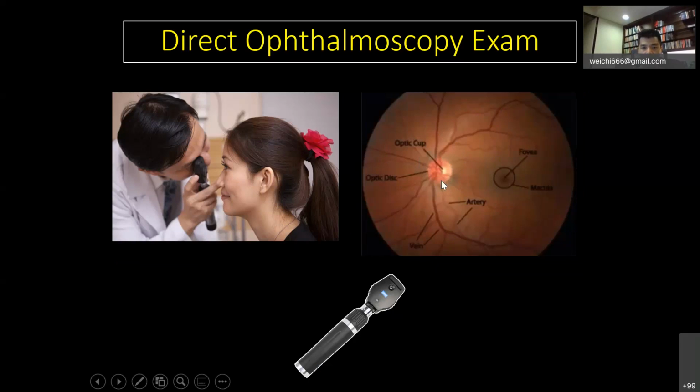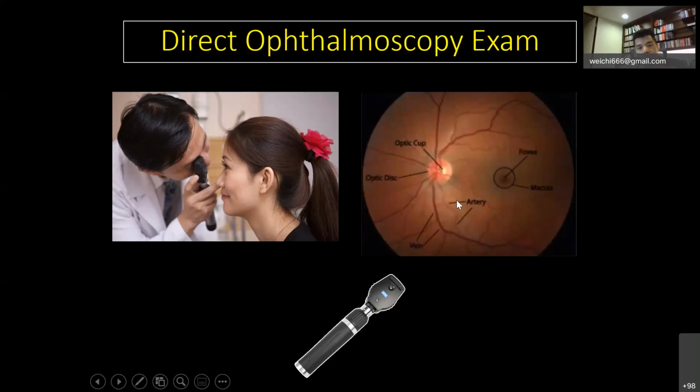You could see that this is the optic disc. This is the retina vessel. The macula is here. The center of the macula is called the fovea. This is the most important part of the eye because it's responsible for the central vision.